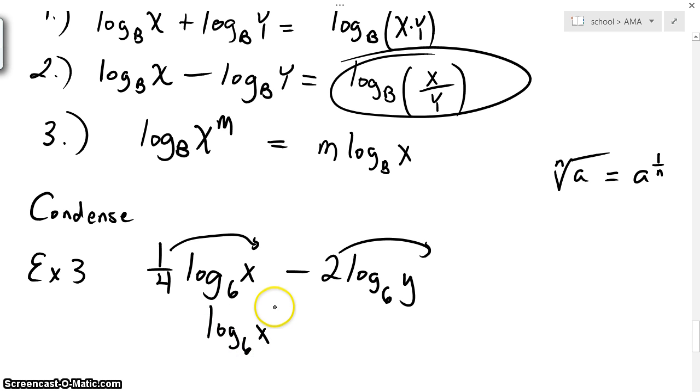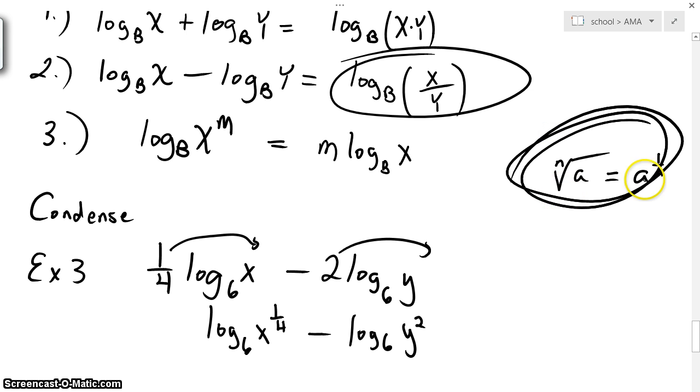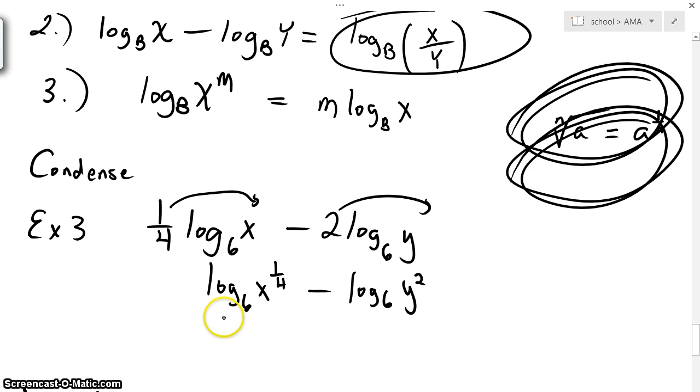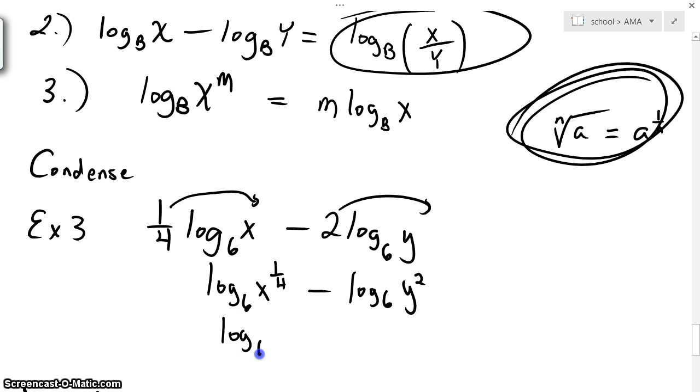And this will become log base 6 of x to the 1/4 minus log base 6 of y squared. And remember over here we said a to the 1 over n is the nth root of a. That would lead us to believe that we'd have log base 6 of the 4th root of x. So some real good review on fractional exponents, rational exponents, and radicals.